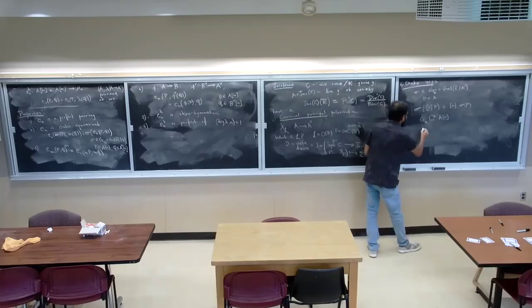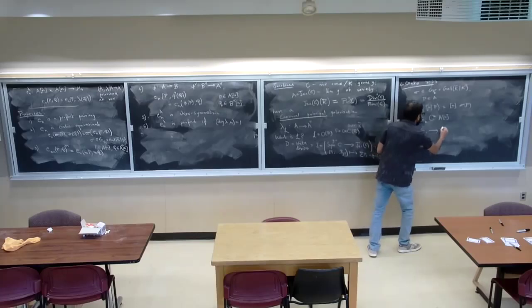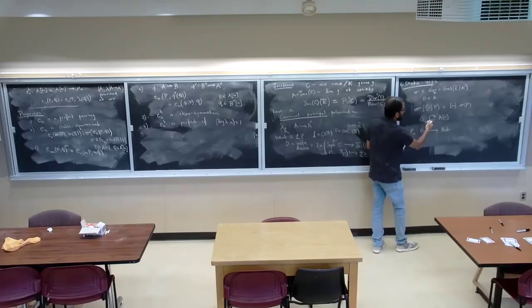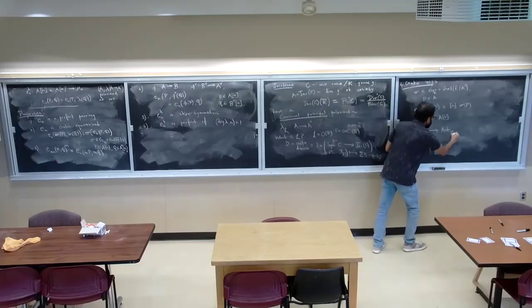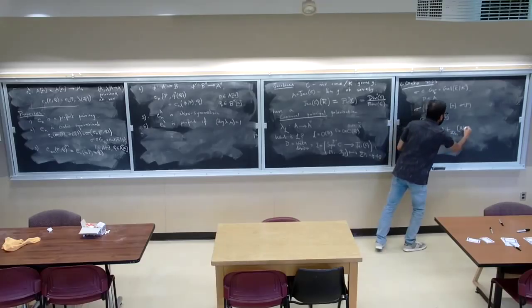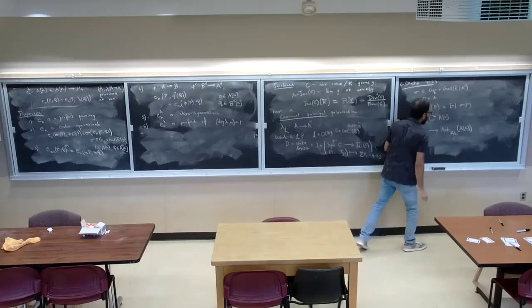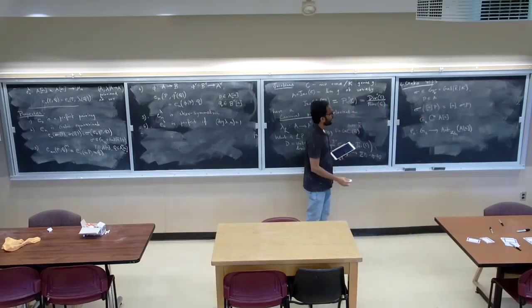So this gives rise to a representation. We'll call it rho n. And obviously this action respects the additive structure there, and so this lands inside the automorphism group.